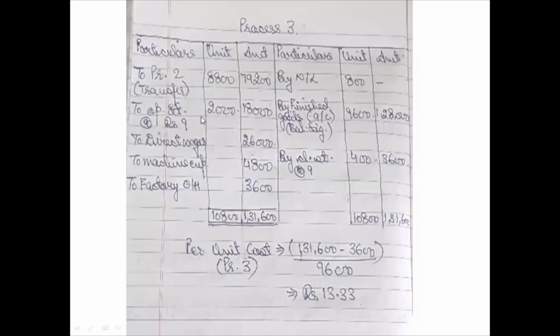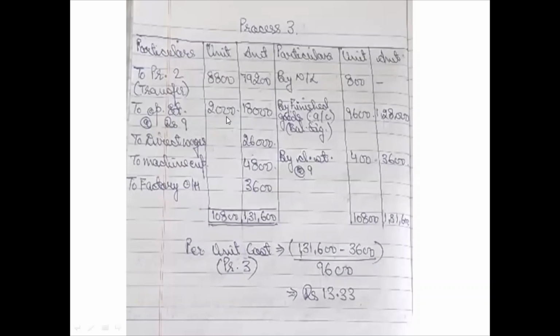Now again we need to adjust the opening stock, and we are valuing the opening stock at the price which we have identified in process 2, because we are bringing these values from the second process. These are the initial values which are still remaining in the process.